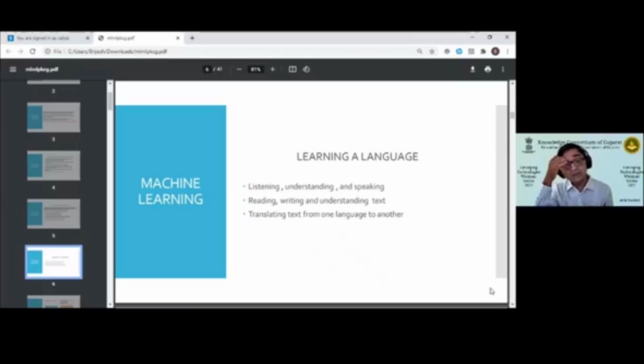For example, the first bullet, listening, understanding, and speaking, is something that we learn at the age of 1 or 2 years. Every 2 or 3 year old kid at the most would be able to listen and speak words, though the child cannot read or write. It takes schooling to learn to read and write, but before that a person starts to listen and speak.